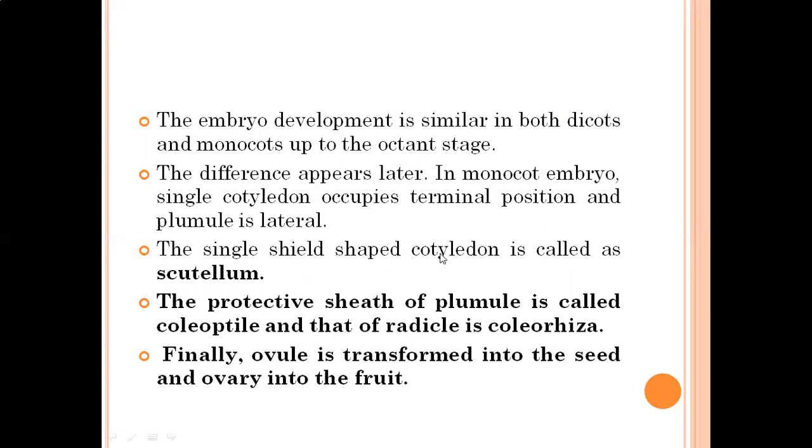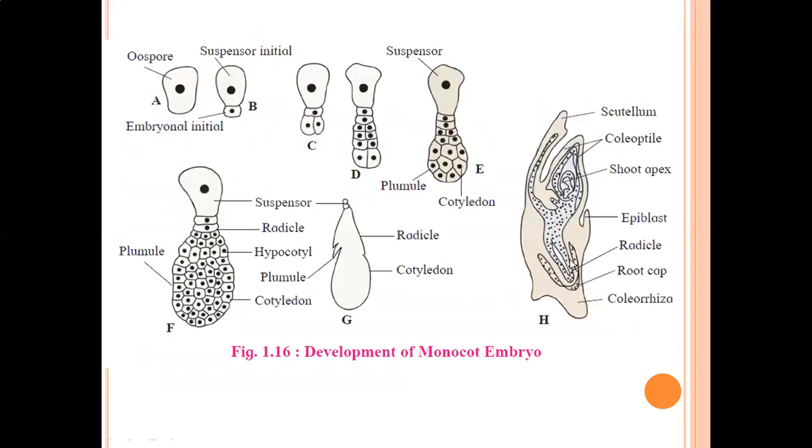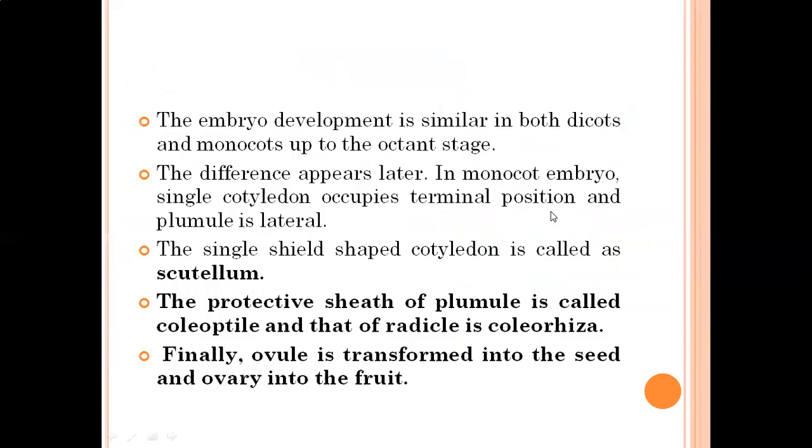The single shield shaped cotyledon is called scutellum. See, scutellum, shield shape, that is called scutellum. Okay, the protective sheath of plumule is called coleoptile.